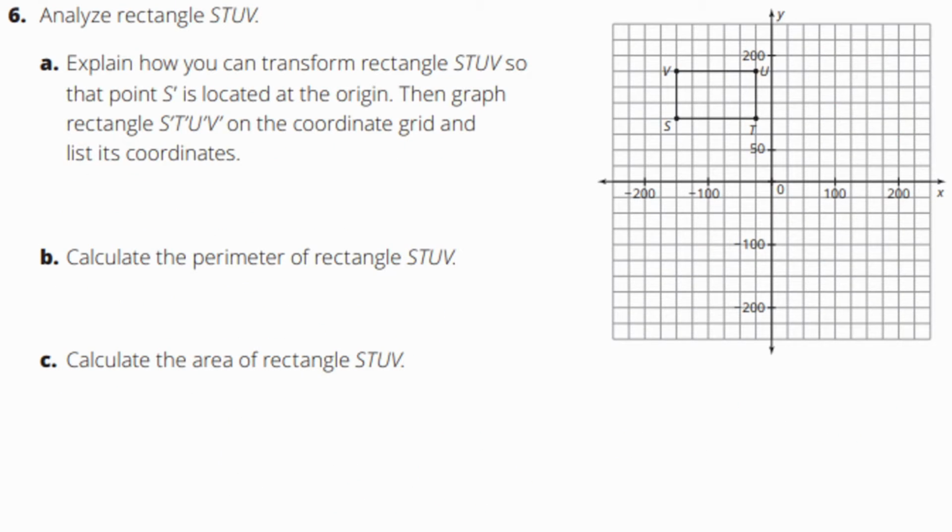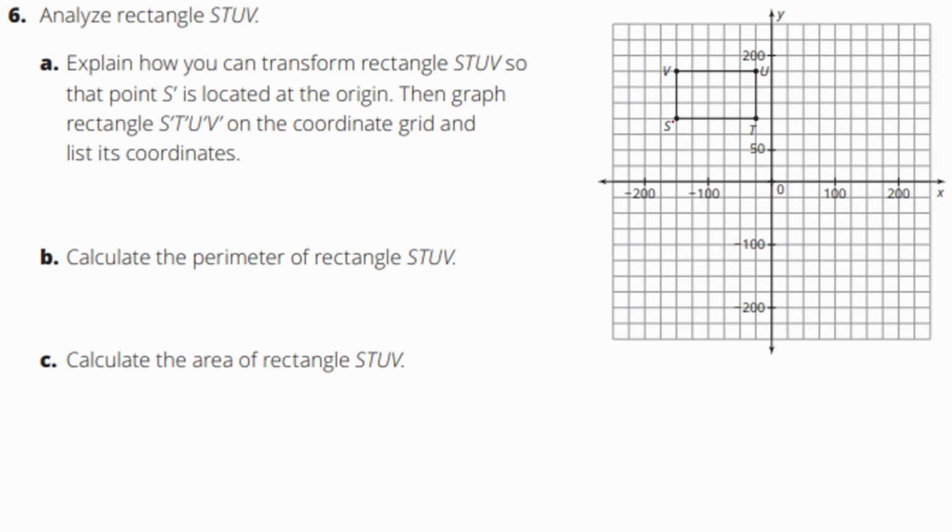Next up, it says analyze rectangle STUV. Explain how you could transform rectangle STUV so that point S prime is located at the origin, and then graph rectangle STUV on the coordinate grid and list its coordinates.